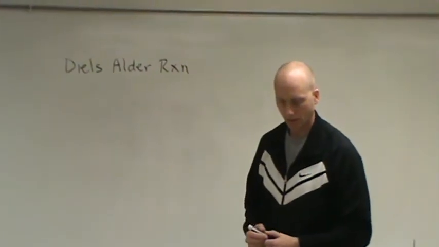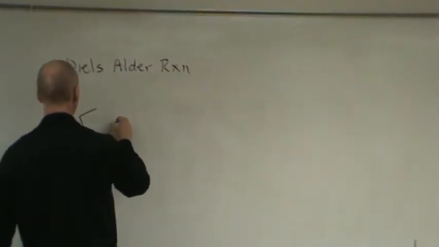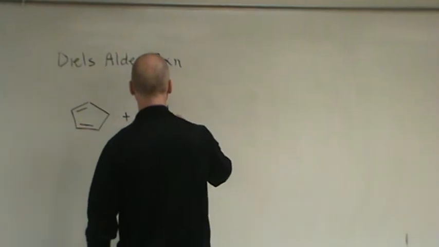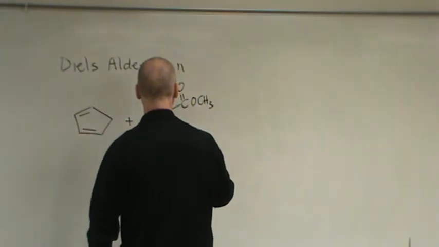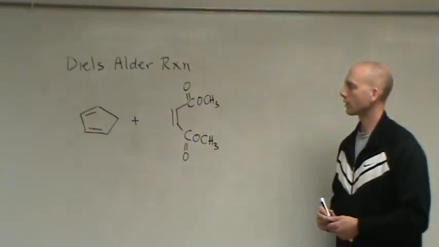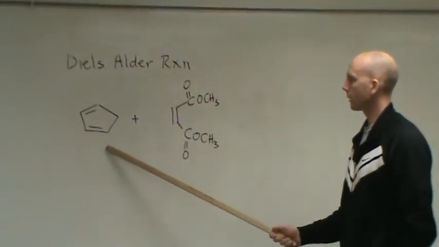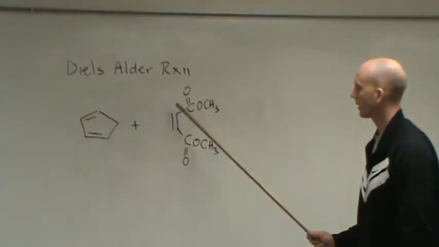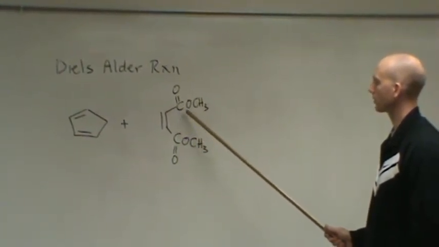Let's look at this reaction here. Okay. So this time our diene is trapped in a ring, and here we have our dienophile, but this time we have two new electronegative groups.